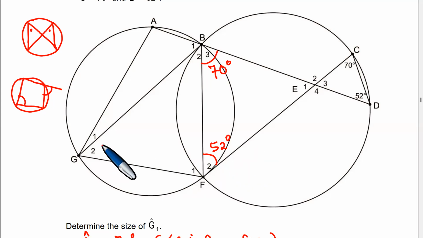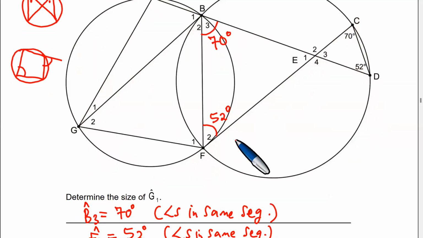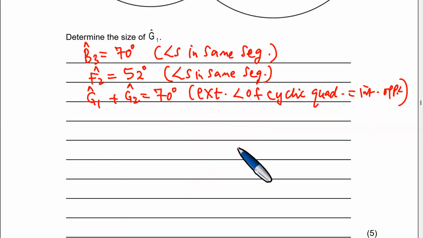So F2 equals G2, and therefore F2 equals G2 equals 52 degrees. I write that one down. So we write angle F2 is equal to angle G2, which equals 52 degrees.